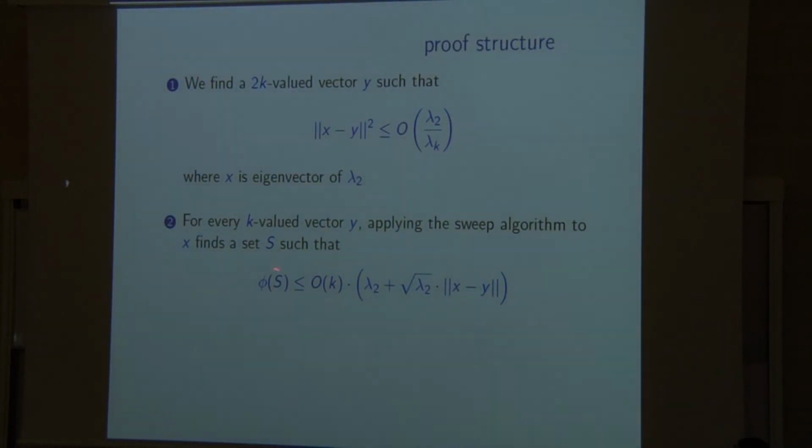Something that is order of k times lambda 2 plus an error term that depends on how good of an approximation you have of your eigenvector in terms of a vector that has only k or 2k distinct values in the entries. So combining those two, we get our upper bound.